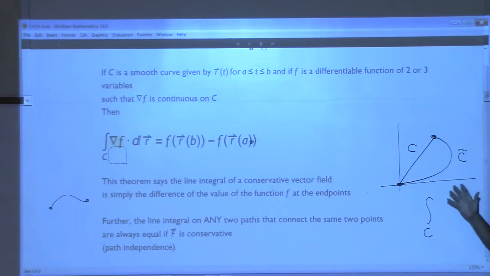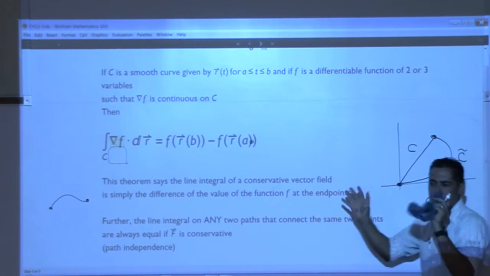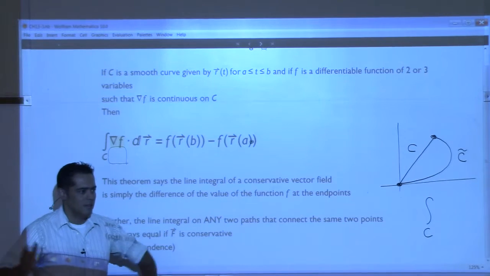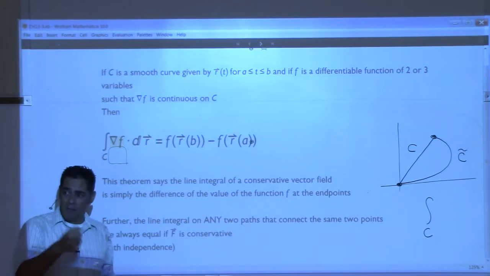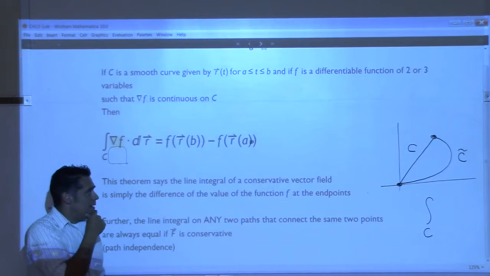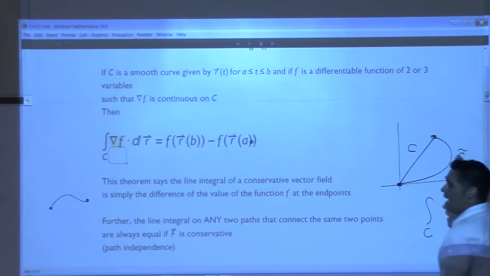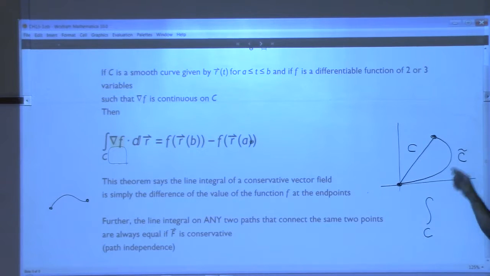We said, do they give us the same answer? I said, do y'all believe that it will be different answers? You said yes. So we concluded from that last class that in general, if you do line integrals, your path matters, okay? If you start at the same point and end at the same point, the path is going to have an impact on that answer.